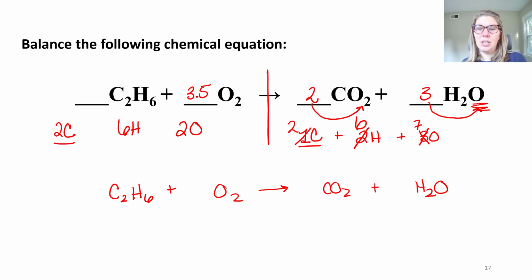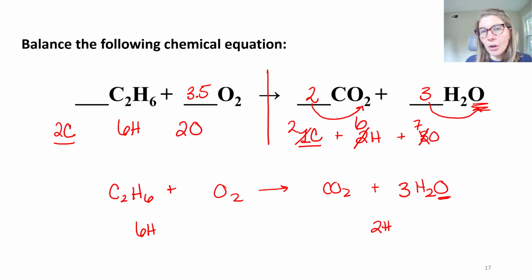So for my logic, what I would notice is that because I have 6 hydrogens here and only 2 hydrogens here, and the fact that I have an odd number of oxygens, if I tried to figure out how many H2Os I would need, 3 of them in order to get the right number of hydrogens.